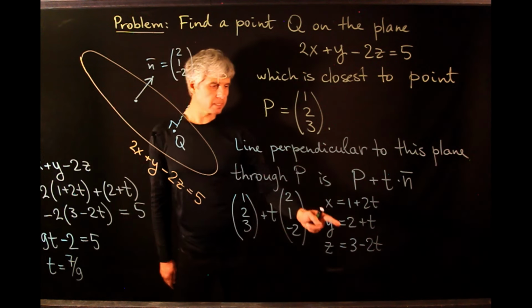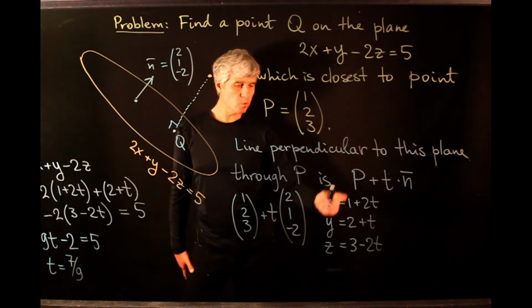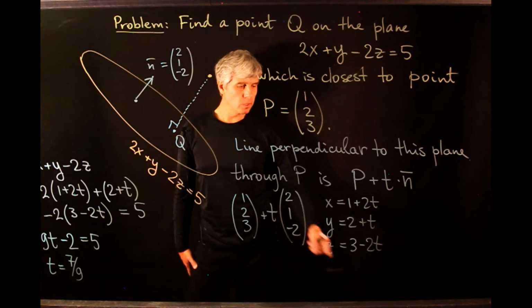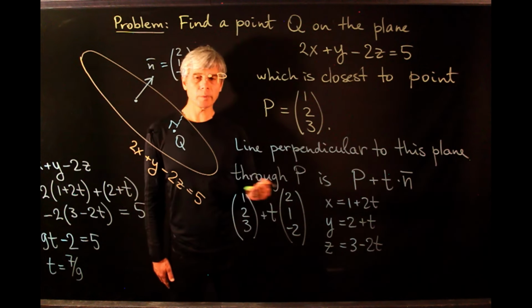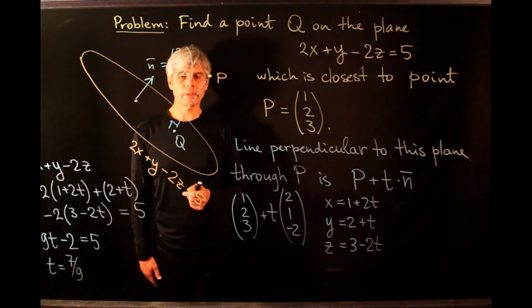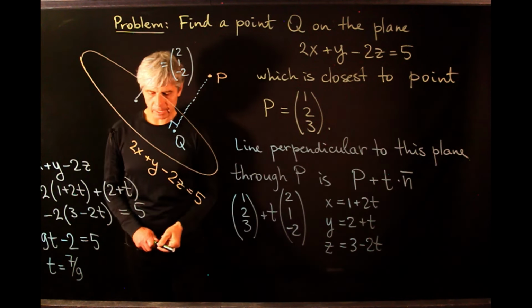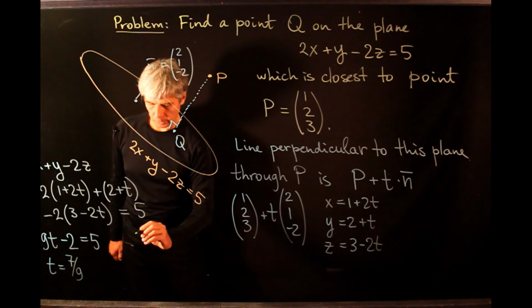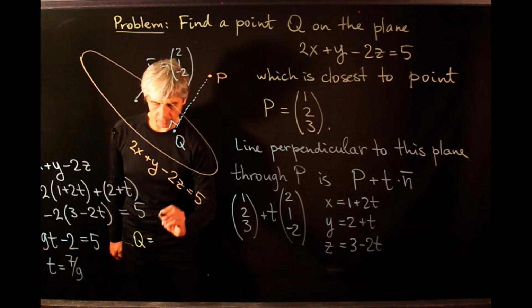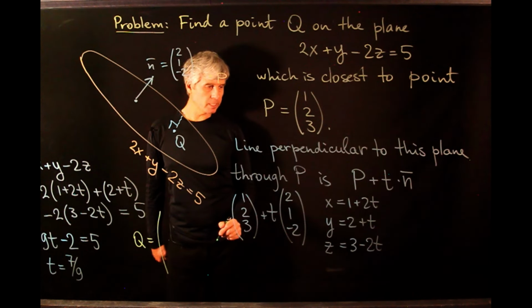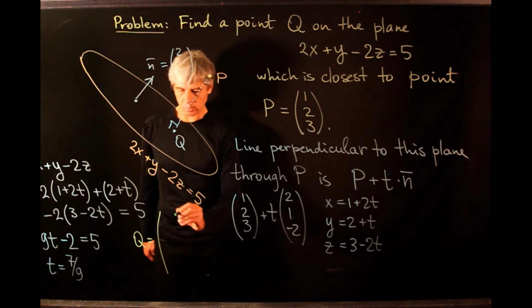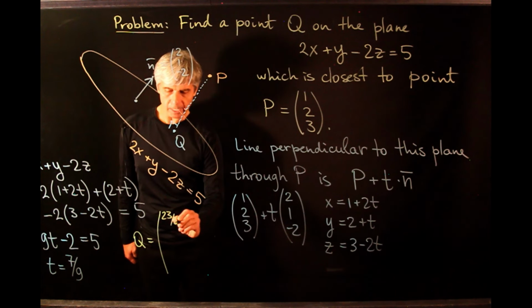So this tells us that when t is equal to 7 over 9, this expression satisfies the equation of the plane, and so this will be the intersection of this line with this plane. So this will give us the point Q. So the point Q has coordinates 1 plus 14 over 9, so this is 23 over 9.